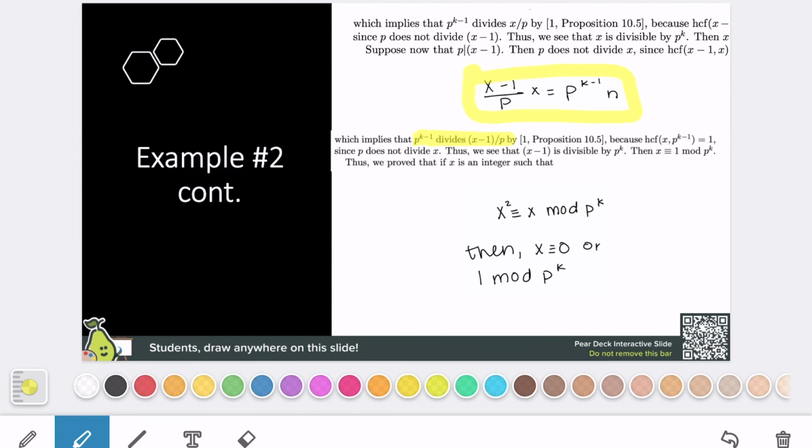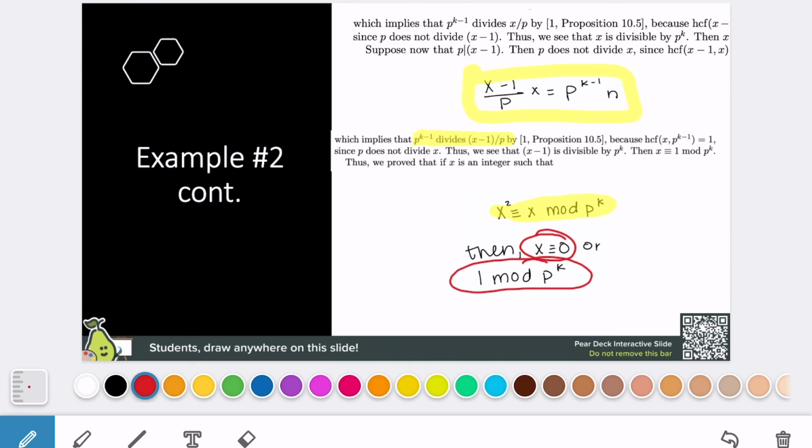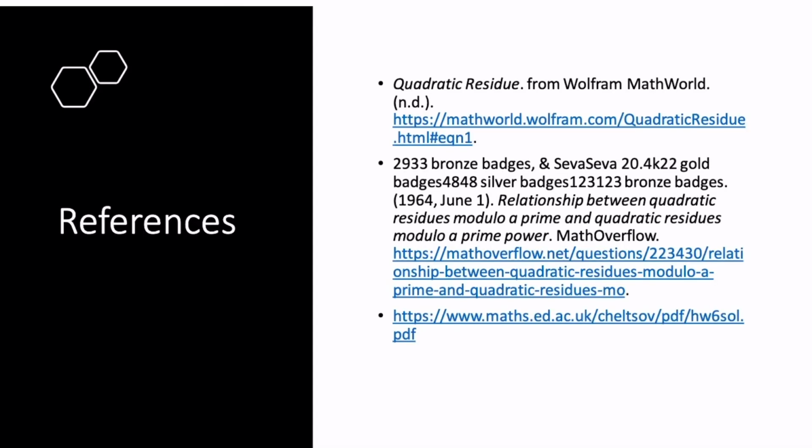So we see that x squared is congruent to x mod p to the power of k, and then x is congruent to 0 or 1 mod p to the power of k. So that is it for my presentation, and here are my references. Thank you so much.